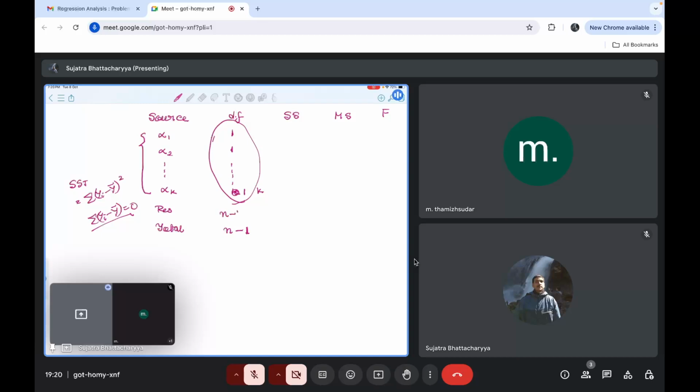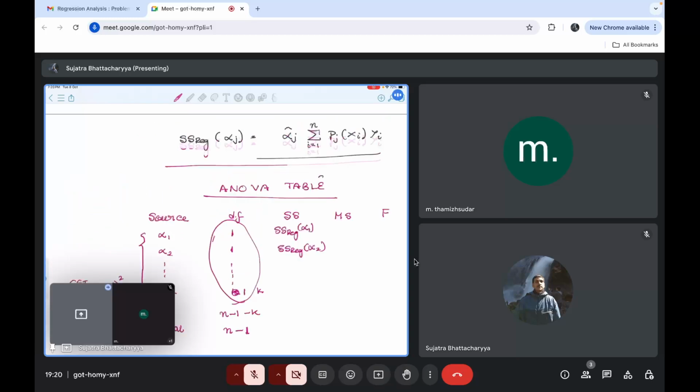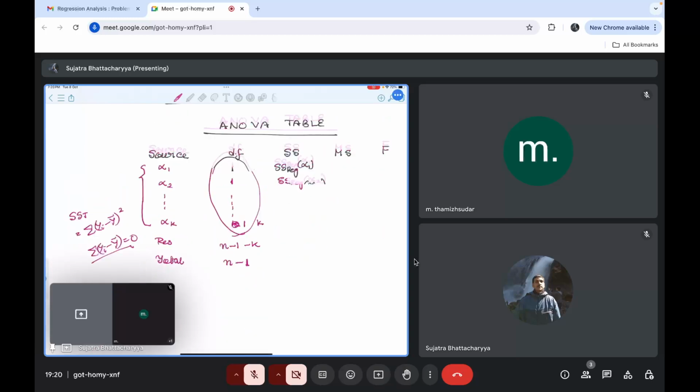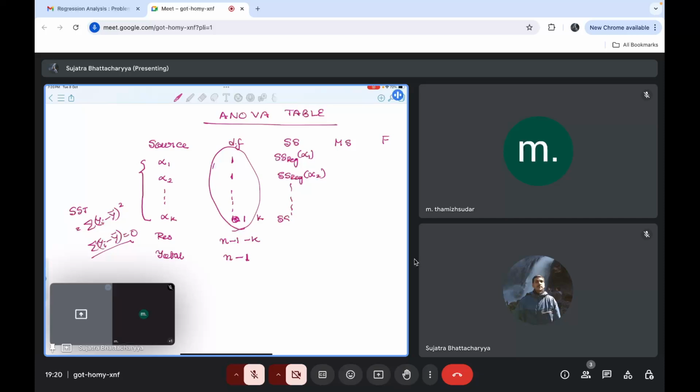So residual will be n minus 1 minus k. All right. This will be SS regression of alpha 1, SS regression of alpha 2. How will you calculate it? Based on this. And so on, up to SS regression of alpha k.